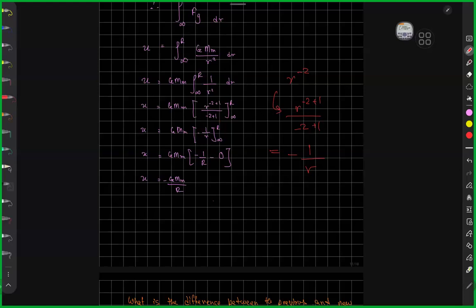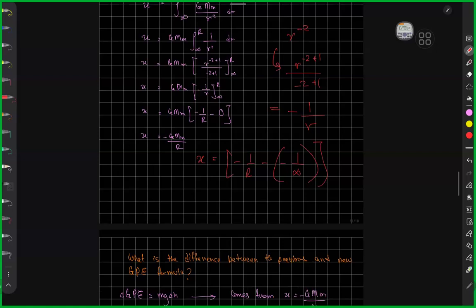So now you're going to get, notice the sign. This is the sign of GPE. And now finally, you have minus 1 by capital R minus 1 by infinity. Okay. Now minus 1 by R plus 0. 1 by infinity is 0.